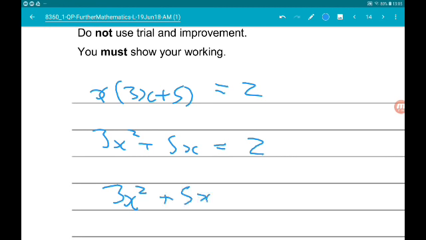The reason that we're taking away the 2 is that because we have an x squared term, this is a quadratic. To solve a quadratic, we need everything on the same side with a 0 on the other.